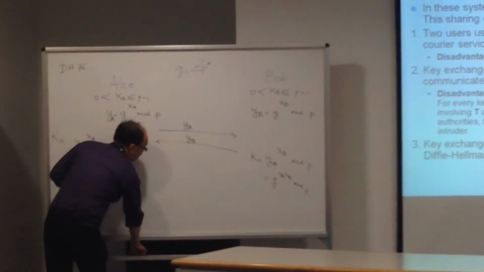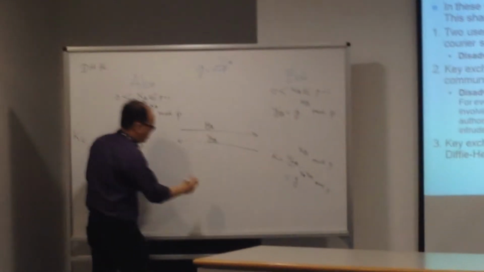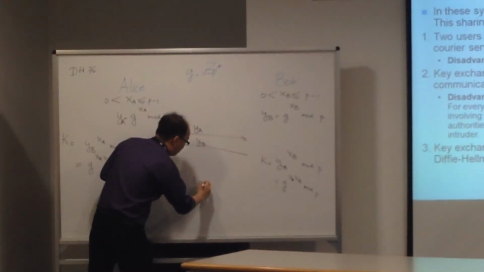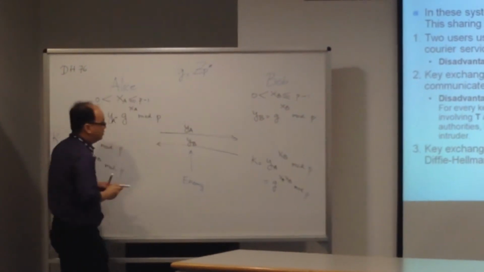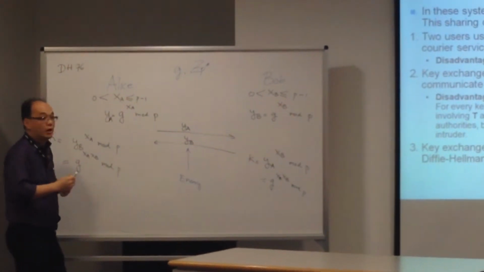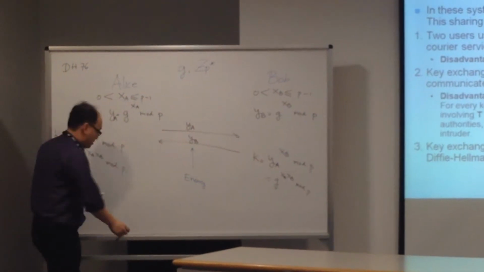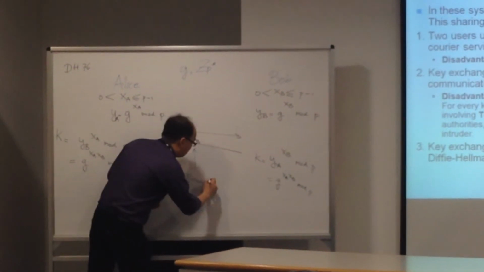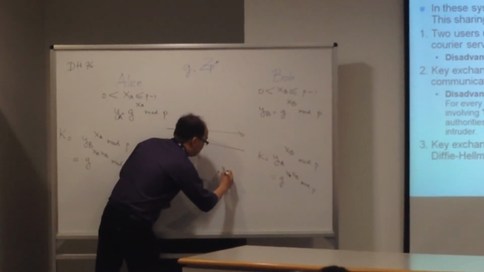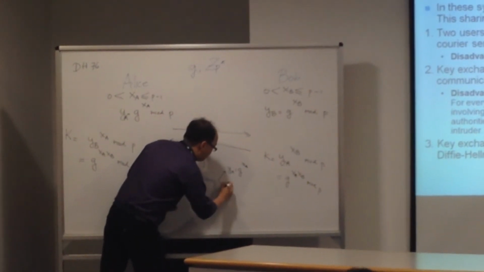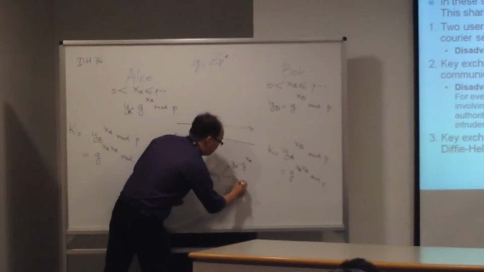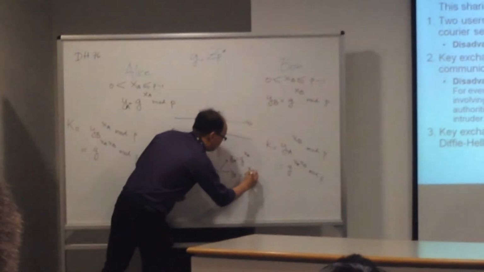The good thing about this is, consider an enemy here. The enemy will look at yA and yB. So the enemy will know yA is equal to g to the xA modulo p, and yB is equal to g to the xB modulo p.